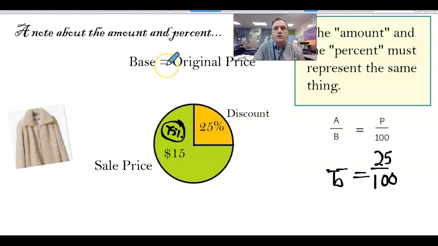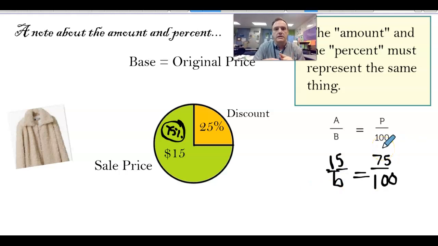We don't know what the original price is, but you're going to pay 75% of that to get to pay $15. So now we're going to erase this 25 here. That doesn't belong there. That is not our percent in this problem. Our percent is 75% because that will match the 15 amount. We paid for a coat for 15 bucks and we paid 75% of it.